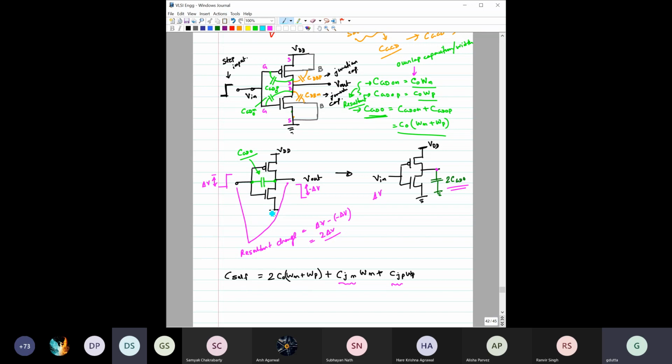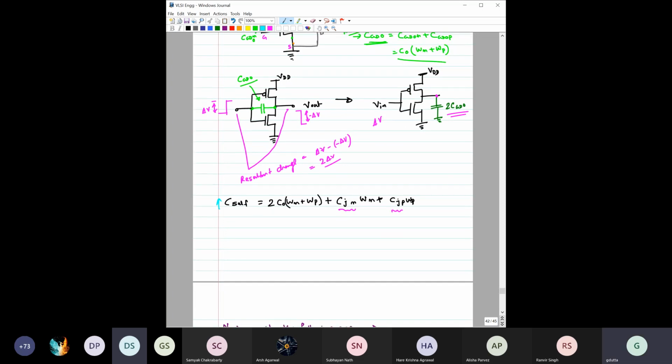At the same time, you are also increasing your C self. That means you are also contributing more self capacitance in that process, right? So it does not work 1:1. You have a higher load capacitance, so just increase the previous inverter and it will solve the problem? No, it's not like that, because that will also contribute some additional capacitances, as you have seen here. I hope this part is clear to you.